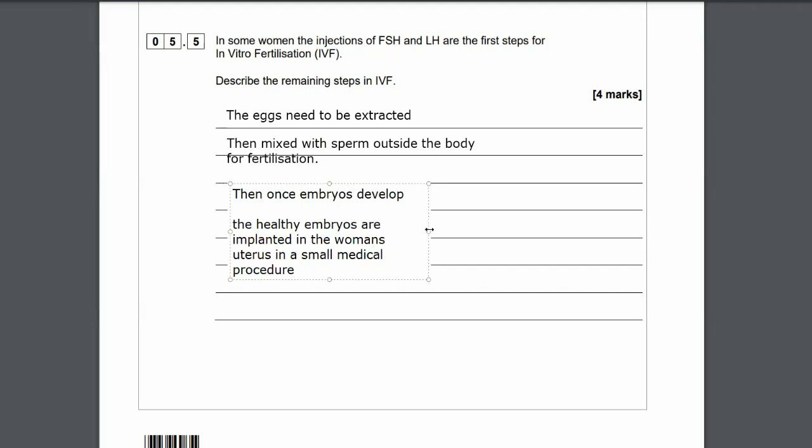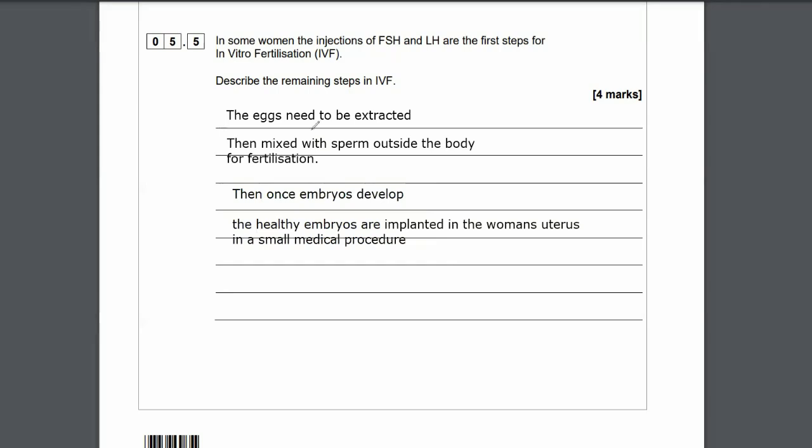So finally, we need to implant it back in the uterus. So these are our keys. The egg needs to be extracted, mixed with sperm, fertilization. Then we take an embryo, we implant it in the uterus. And they're the key terms you're looking for for those 4 marks.